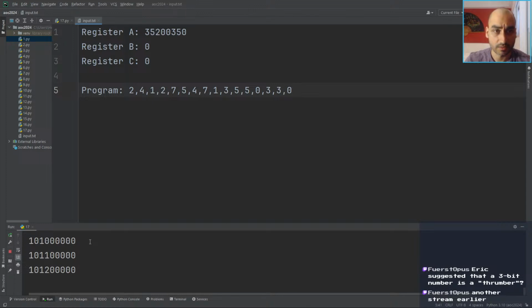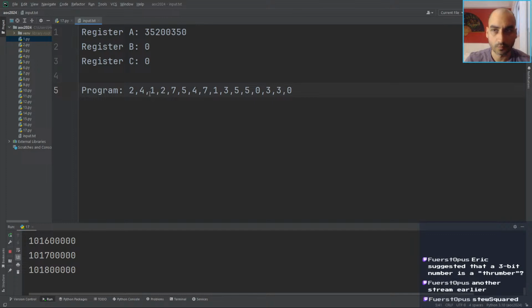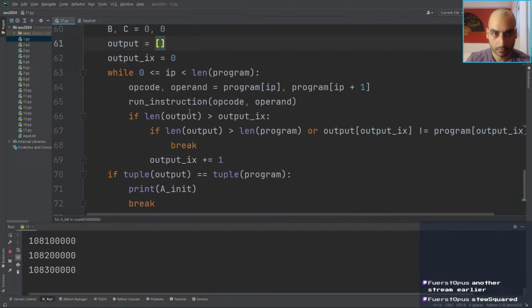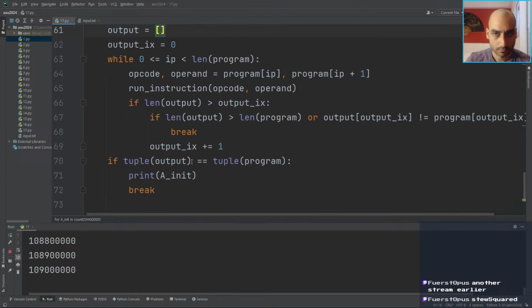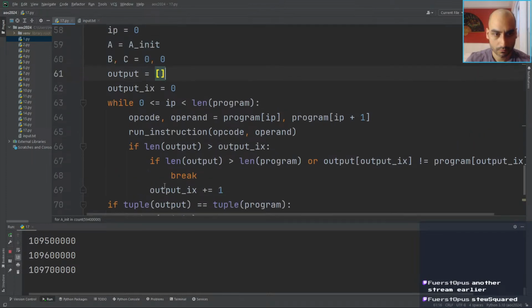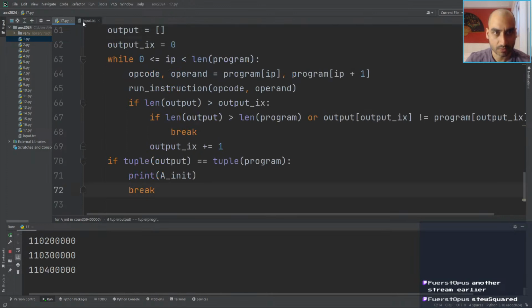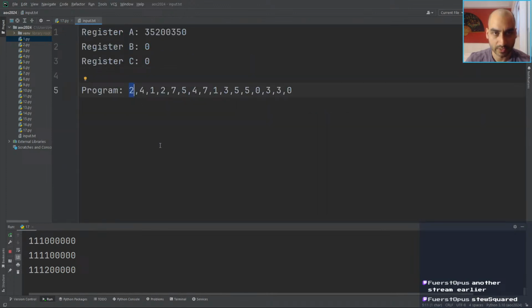Alright, we're not going to get anywhere with this. So we need to start looking at what the program actually does. At the very least, we need to make the first number 2. See what we have to do that.